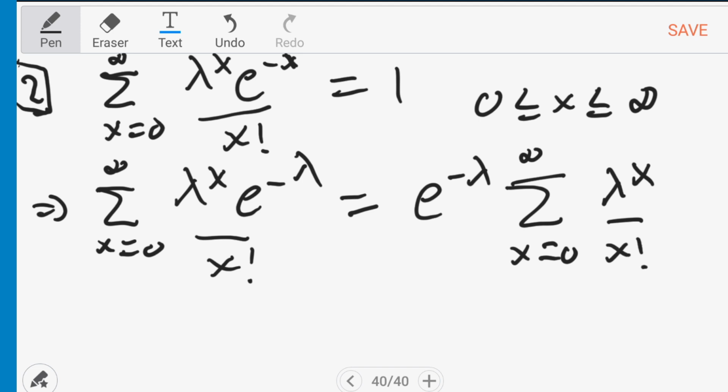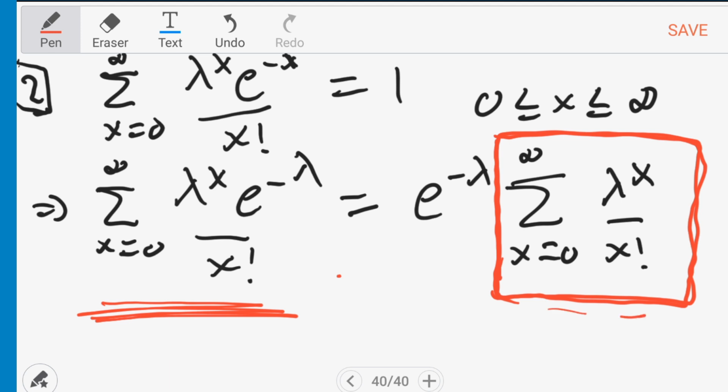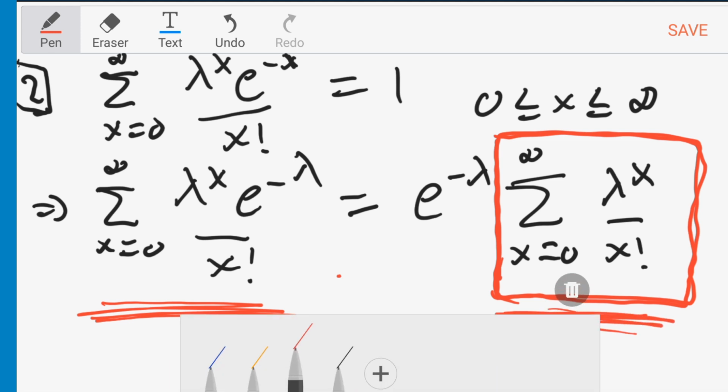Okay, so now watch this. Do you see the Maclaurin series? I hope you can all see the Maclaurin series clearly stated here. So now we've been able to express this in terms of a Maclaurin series. Okay, that's fine. Let's continue.